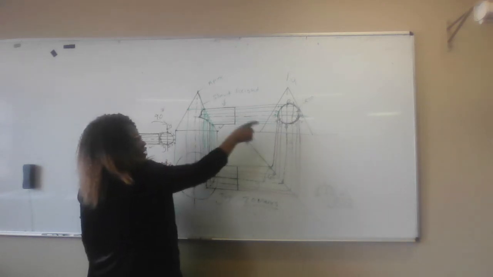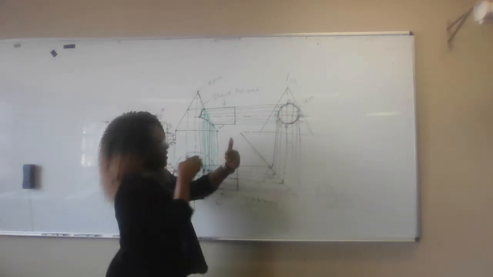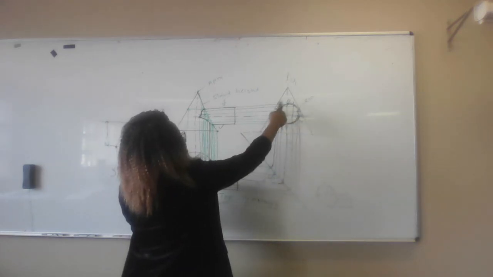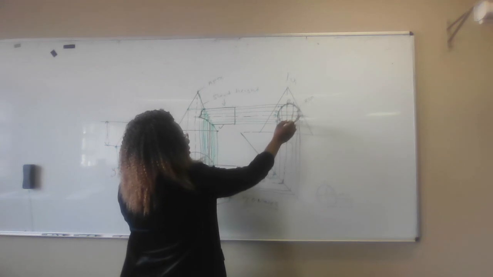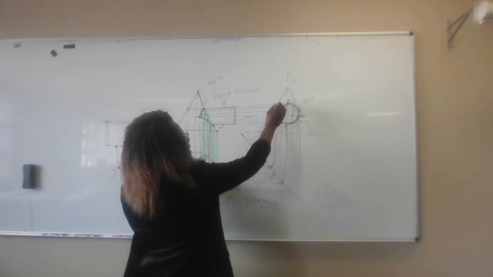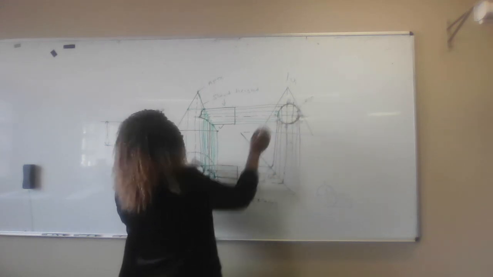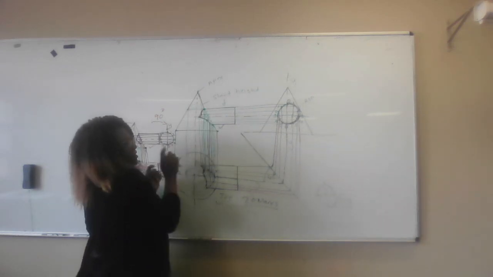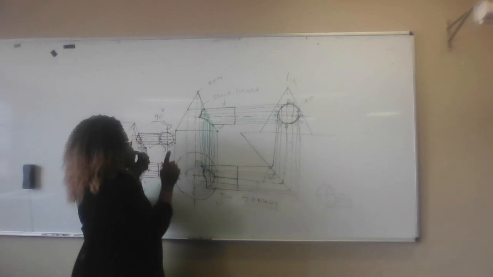Why? Because it's a right view, so it's like you flip it that way. Then the left side of a circle, whatever numbers, let's say 0, 1, 2, 3, 4, 5, 6, 7, 8, 9, 10, 11, 12, 7 all the way this side will give you another curve here, which will be hidden details. That's the only difference that we are going to have, especially on the front.